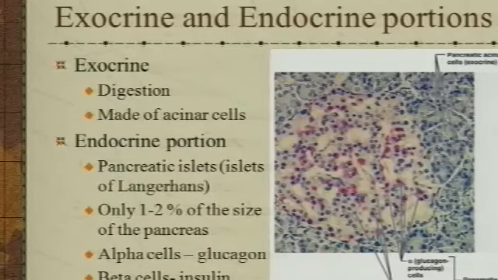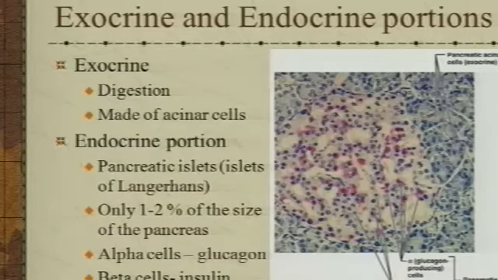The endocrine portion, you'll see if you're looking at a microscopic picture. That grouping of cells, you don't need to know the difference visually between alpha and beta cells. I can't figure out the difference, to be honest with you, and I've read a couple different tutorials about it. Alpha and beta cells in the pancreas are grouped in little islands called islets of Langerhans, and you'll see them interspersed throughout the pancreatic tissue.